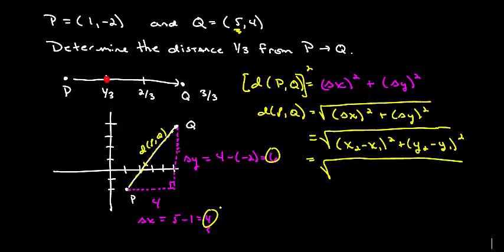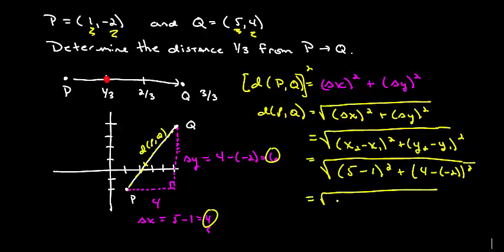So x2 is 5, x1 is 1, y2 is 4, y1 is negative 2, and there's the 4 and the 6.